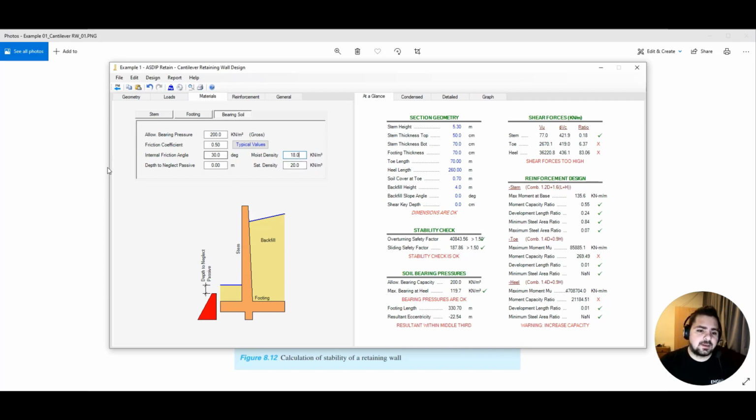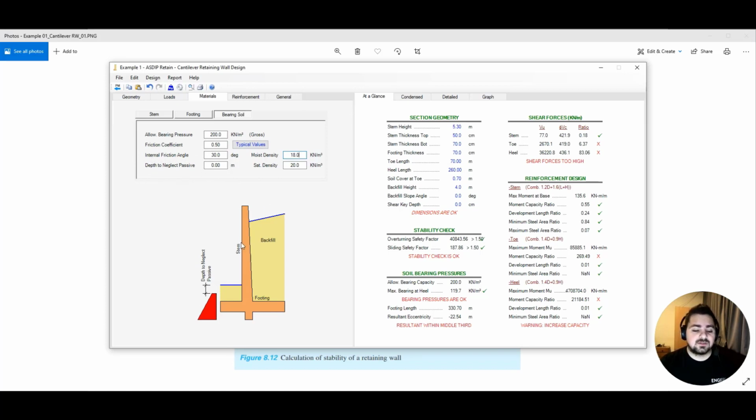So now, what is the depth to neglect passive? In order to explain this, we need to understand that we have two types of soil pressures occurring within my retaining wall system: an active soil pressure and a passive soil pressure. The software is asking me for my depth to neglect passive.